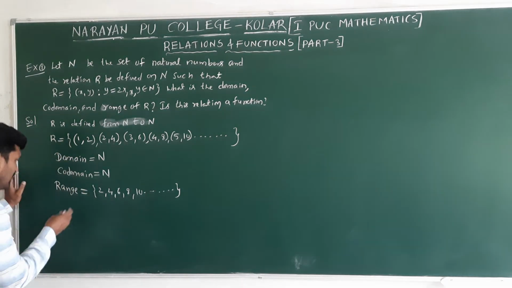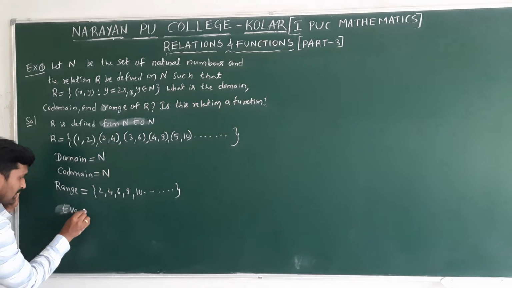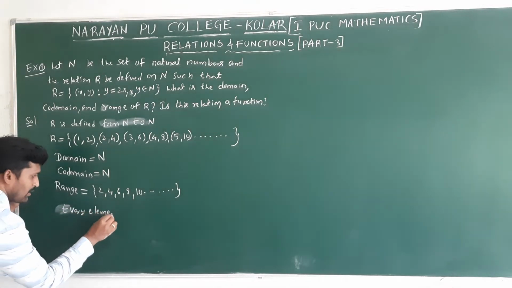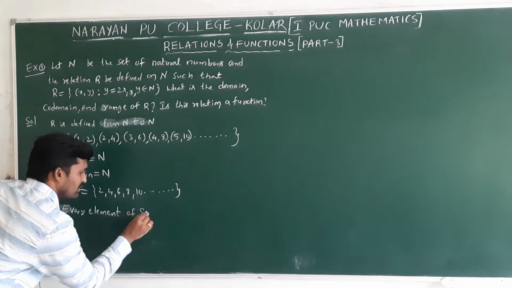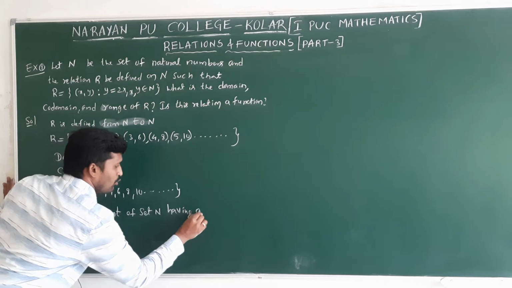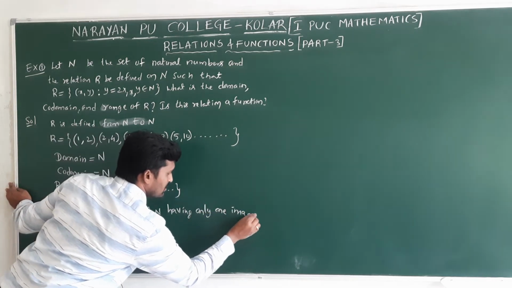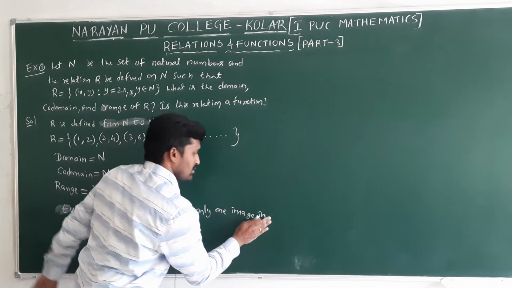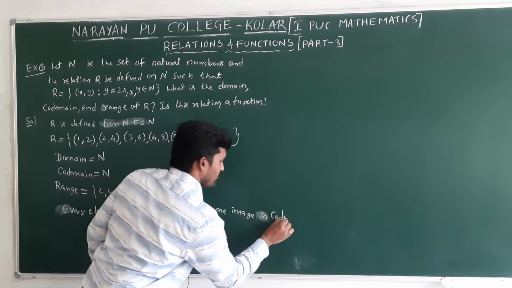That's why every element of set N has only one image in the codomain.